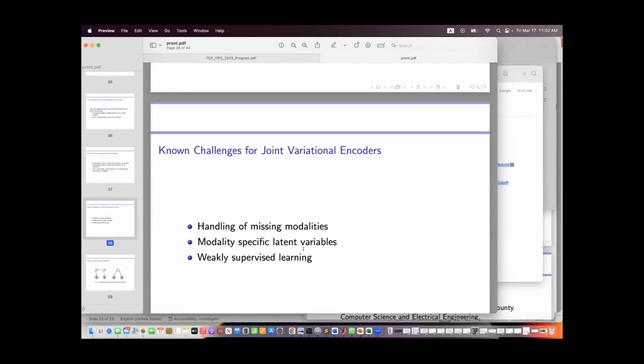and some of the challenges which are well known for joint variational encoders are basically handling of the missing modalities. So how do you want your model to behave when there is known missing data? So you have the panels, you have certain things illustrated, but not all. So there is an issue there. You also want to learn modality-specific latent variables.